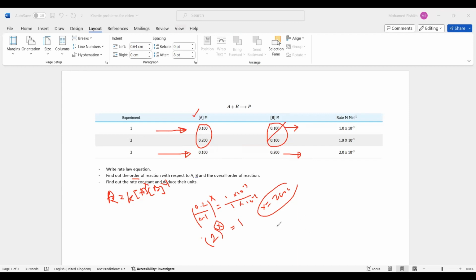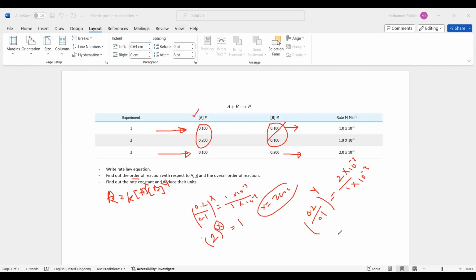So let's do the same thing again. Here we will ignore the concentration of A because it didn't change, and we'll be looking at the concentration of B. So the order y with respect to B will be 0.2 over 0.1, raised to the power y, equals, using the same numbers, the bottom rate divided by the top: 2 times 10 to the power -3 over 1 times 10 to the power -3.